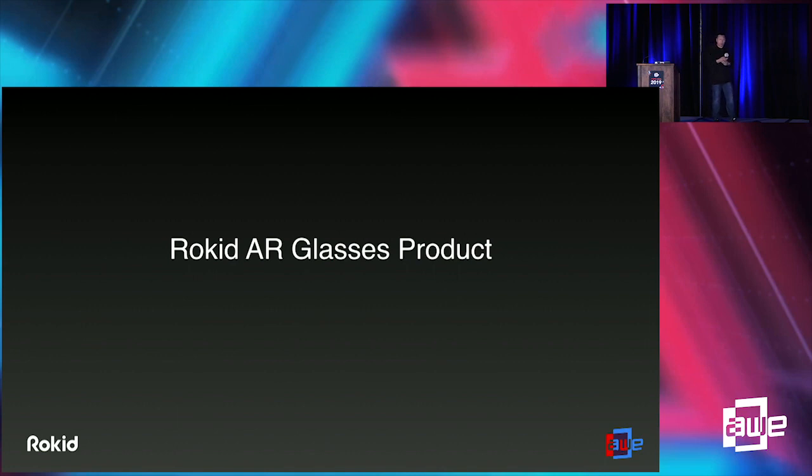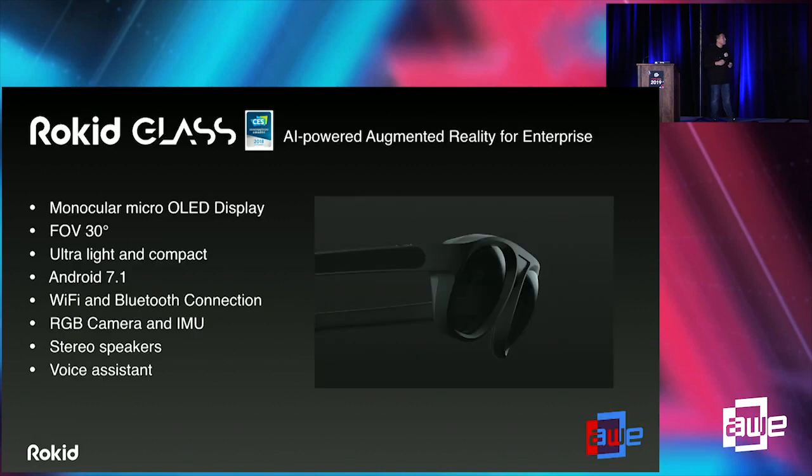Next, I would like to introduce our Rokid AR glasses products. Rokid Glass is our first generation product. It's a standalone product focused on the combination of AI and AR, and it helps increase efficiency and information transfer in the enterprise and B2B market. Rokid Glass has a monocular micro OLED display with a 30-degree FOV, and it's ultralight and compact.